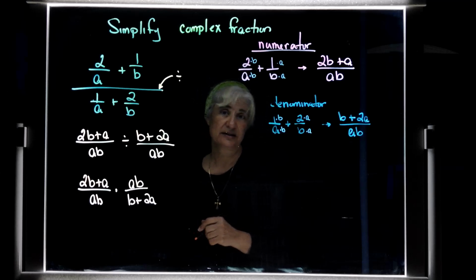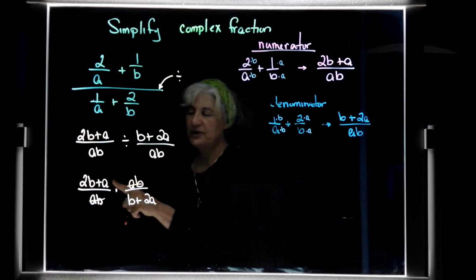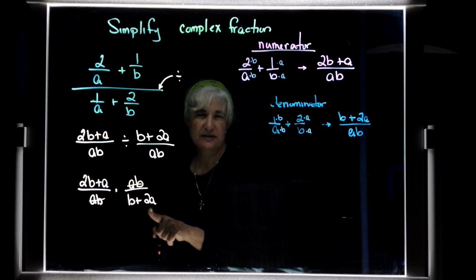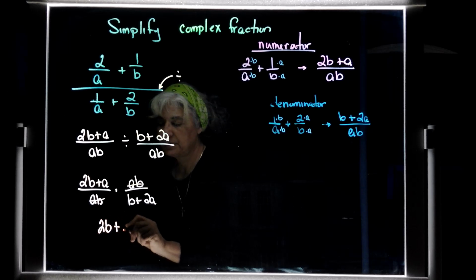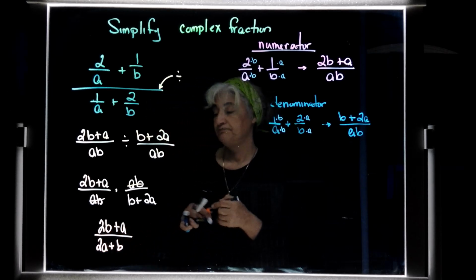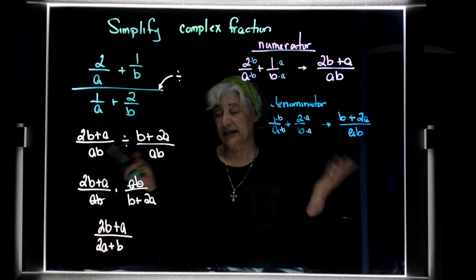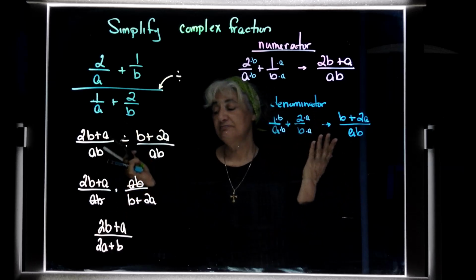Do you see what I see? Yeah, you can cancel the ab's, can't you? Can you cancel the 2b plus a with this? Nope. So we end up with 2b plus a over, and I'll write this in alphabetical order, 2a plus b. So be it. I can't cancel anything because the addition won't let me, and we're done.